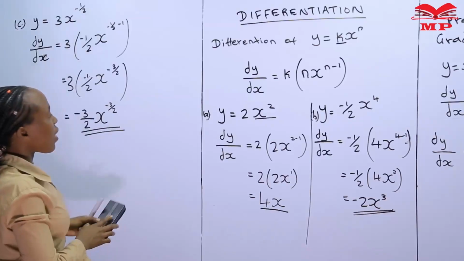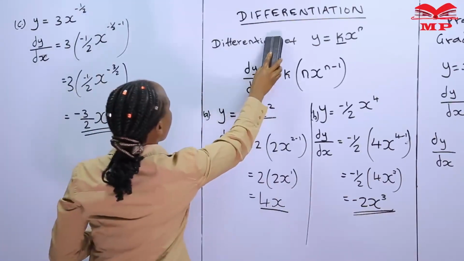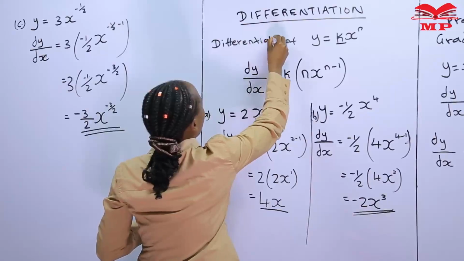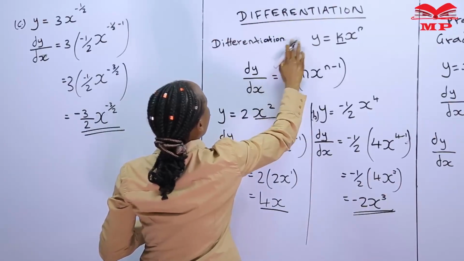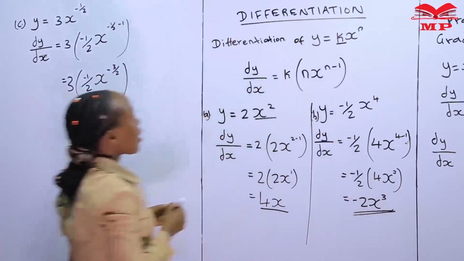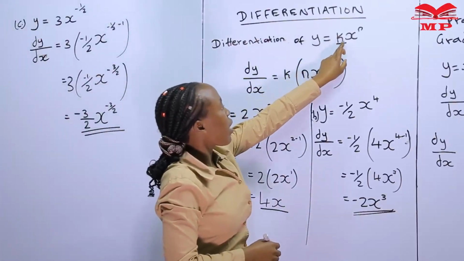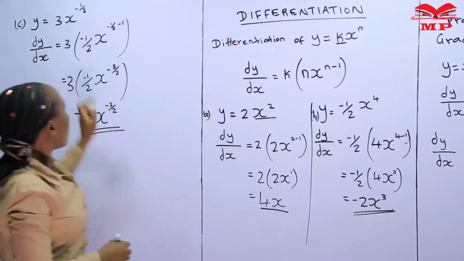So that's how we differentiate the equation y is equal to kx raised to power n.